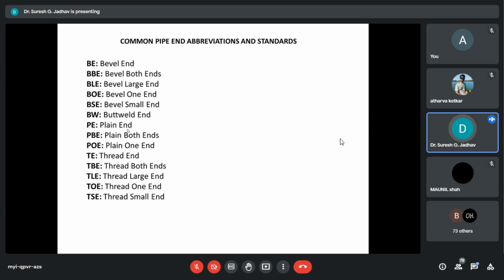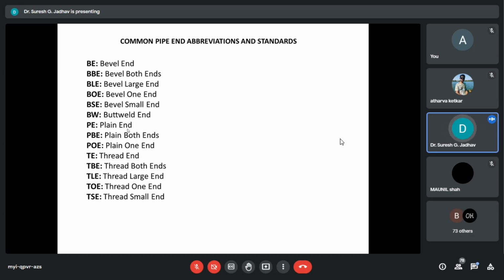Simply, we write their particular abbreviations on drawings, where we use PBE meaning plain both ends, or POE as plain one end, TE that is thread end, and TBE that is thread both ends, and TLE thread large end. And the next one is TOE, that is thread one end, and TSE thread small end.